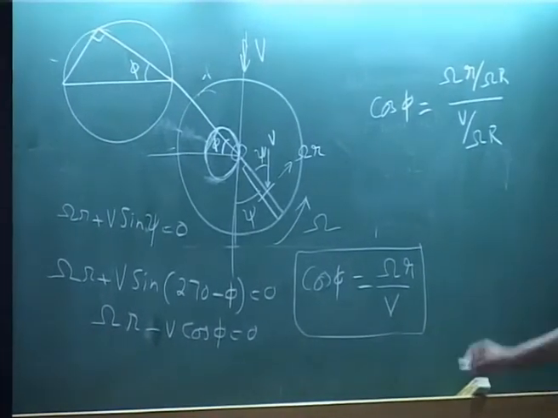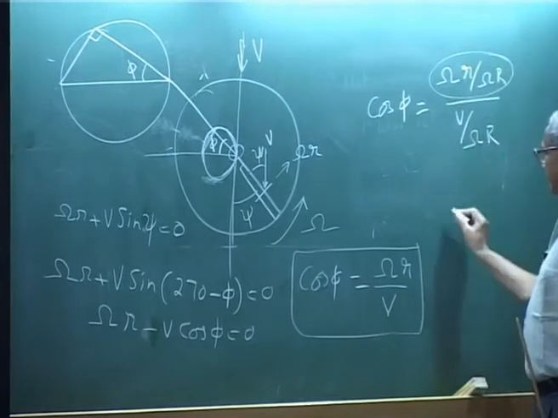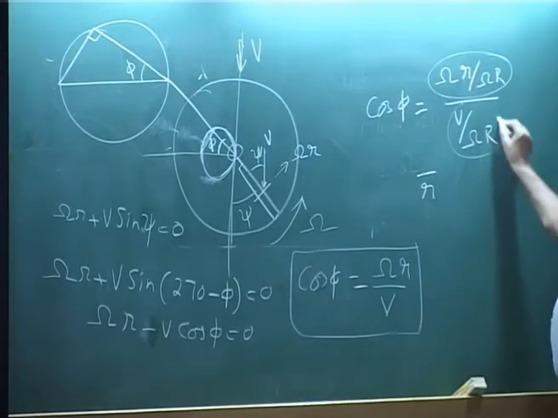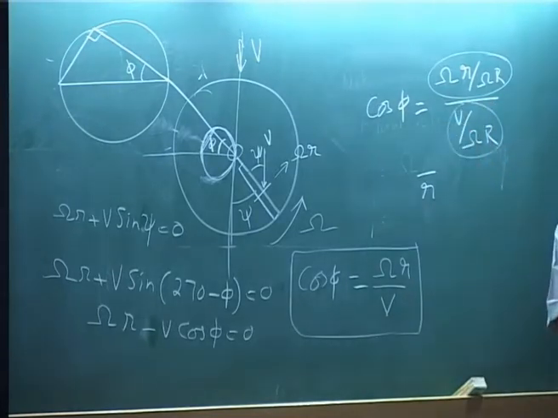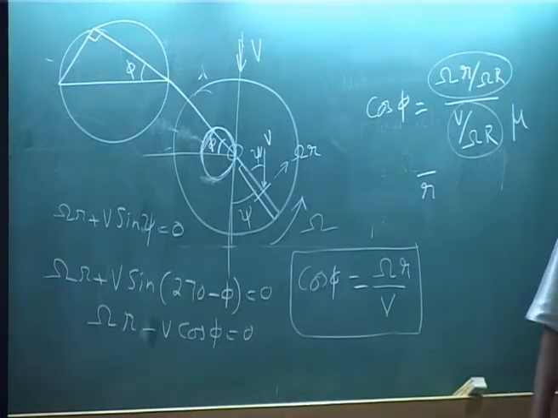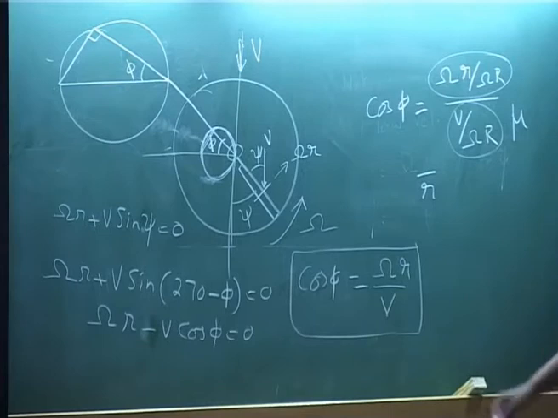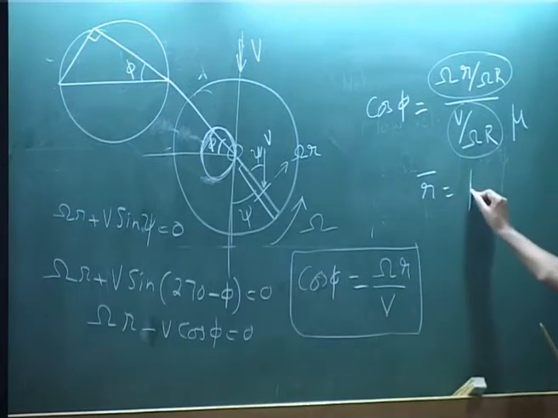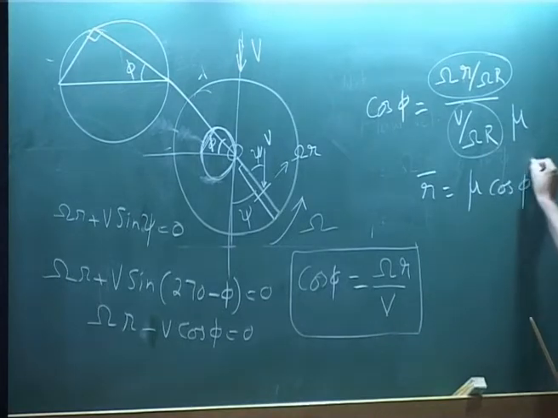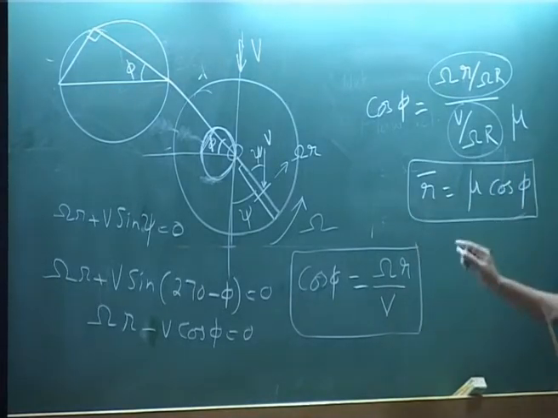This is r bar. You call it approximately, I am saying approximately. This is a new symbol that is used, which is mu. R bar is mu, okay.